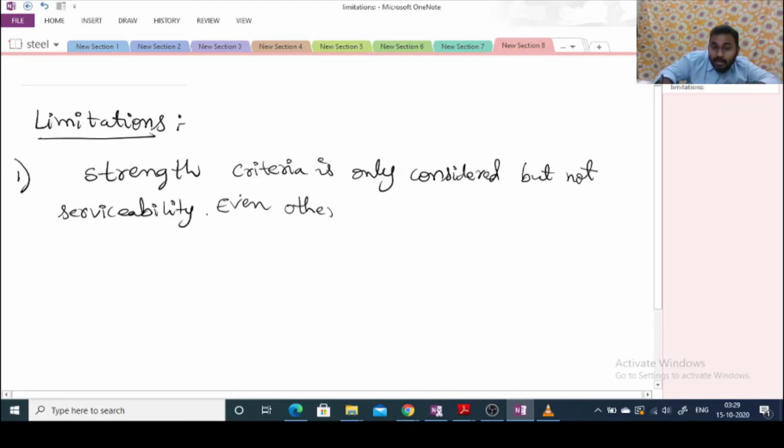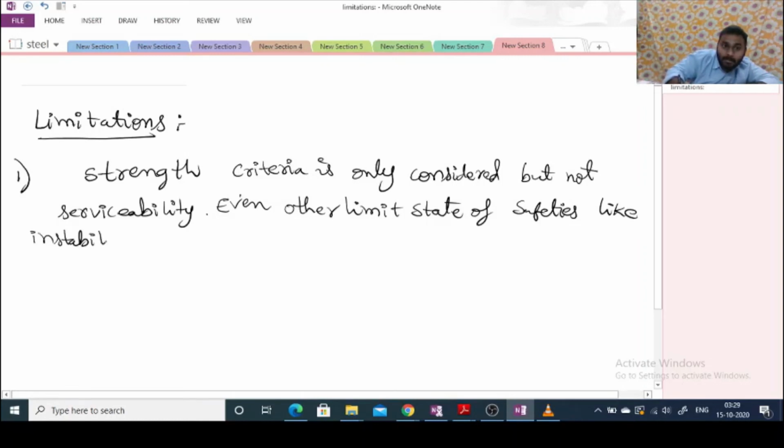Even other limit states of safety, like instability, fatigue, and brittle fracture, are also not considered.